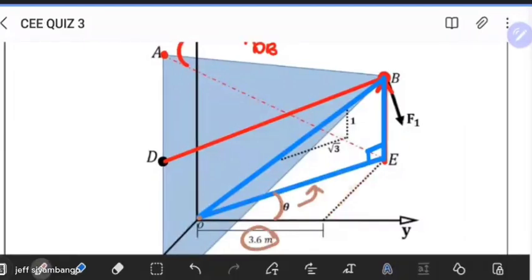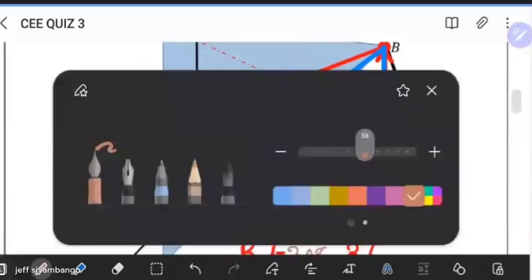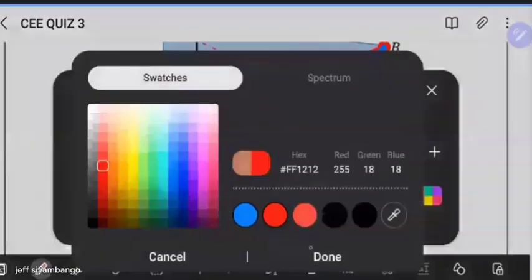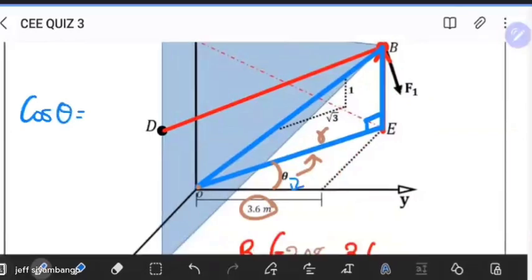I can label this line gamma. To find that, we can use cos theta equals adjacent over hypotenuse, where the adjacent is the 3.6.